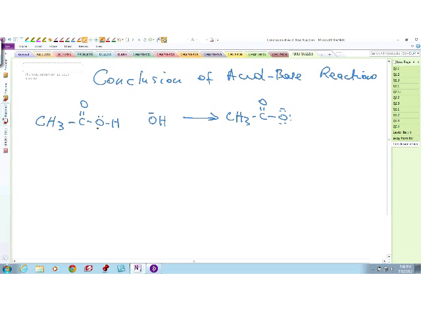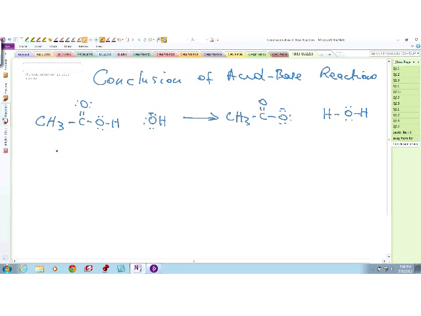Let me get in the habit of showing all of the bonding electrons, and the non-bonding electrons. So now we get that, and of course we get water. The acetate ion and water.